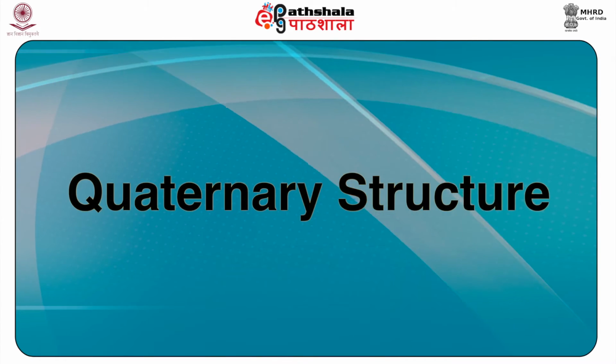Quaternary structure, which is the fourth and the last level of protein structure, is the arrangement of subunits, whether the same or different. So it can be a homodimer, trimer, or heterodimer or trimer.